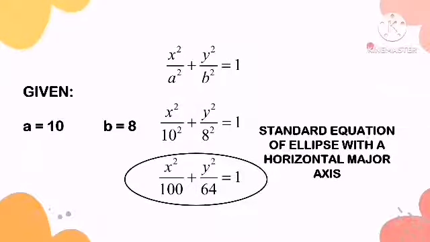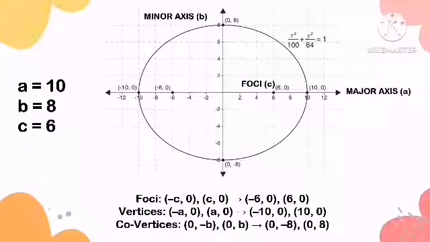Now that we are done with our solution, let's proceed to graphing our ellipse. Our vertices or our major axis is equal to 20. So there, our A is equal to 10 because, as in our previous discussion, A is considered our major axis. It's always the A that has the longer value that will be considered the major axis.